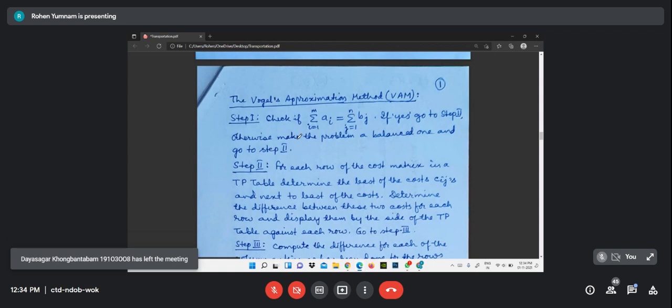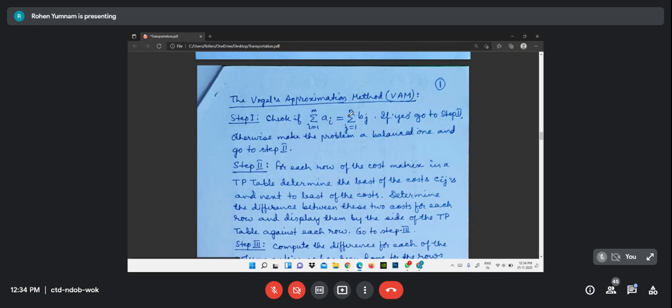Then let us see the steps. Step 1: check whether it is balanced or not. If yes, go to step 2; otherwise, make the problem a balanced one and go to step 2.